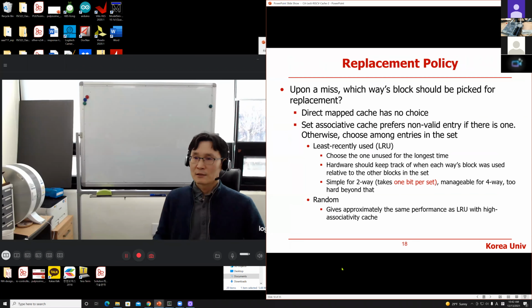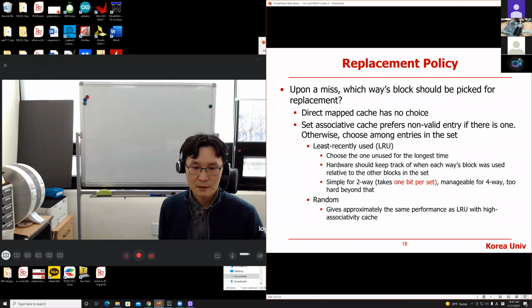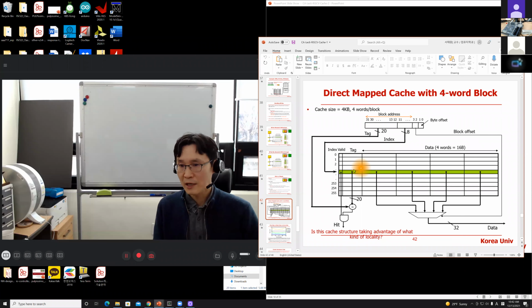You select one set for lookup. Then what if this cache entry does not contain the data you are looking for? Then you don't have any choice. You have to sacrifice, you have to evict, you have to replace.